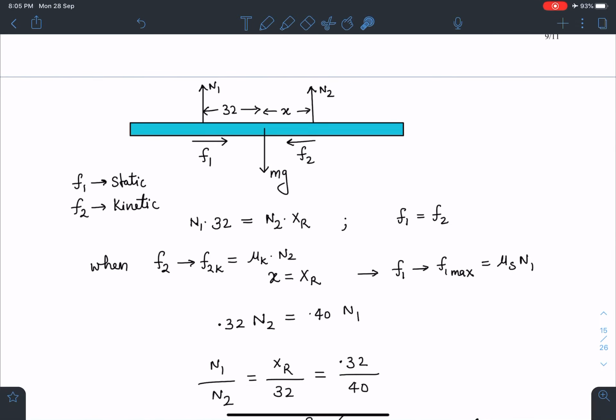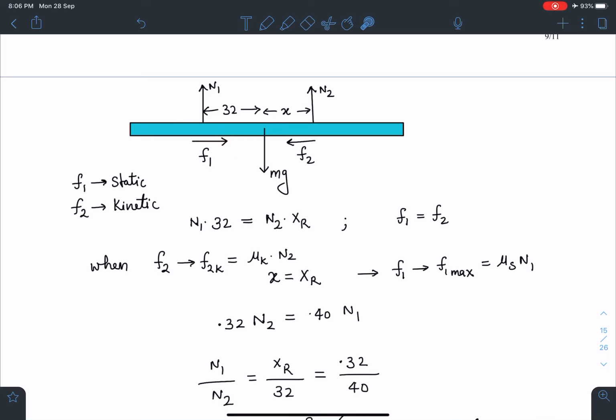Now what is going to happen, the right finger is sliding and this one is stationary, so F1 becomes static, F2 becomes kinetic. So again the same equations I'm going to use now. So this is the point XR where again the same process will be repeated. That means N2 becomes stationary and F2 becomes static and F1 will become kinetic again.